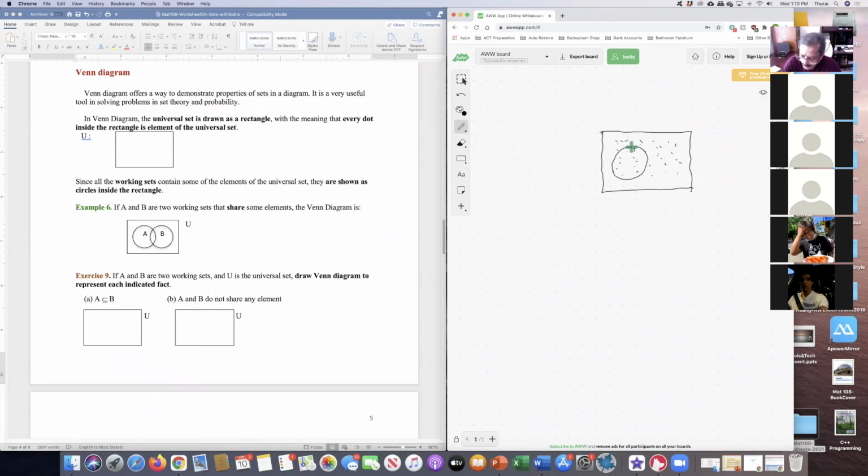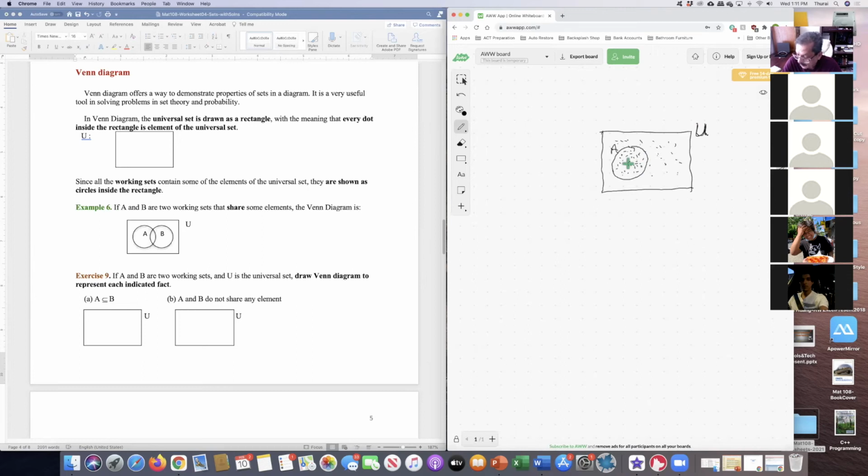If I put this circle and say this is my set A, and I put the name A outside like that, then all the dots inside here are the elements of the set A, and they're all inside the rectangle as well, the universal set. By the way, the universal set is identified by the letter U. So all these points are inside the rectangle as well. So this properly indicates that A is a subset of U.